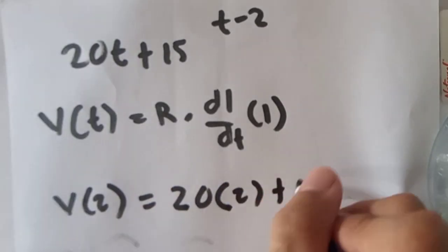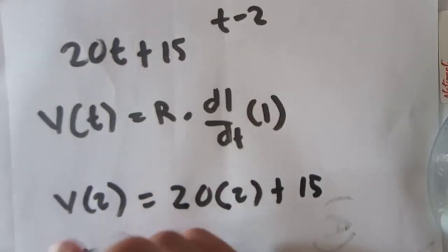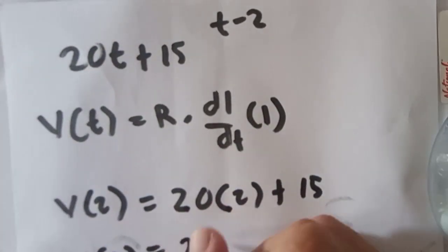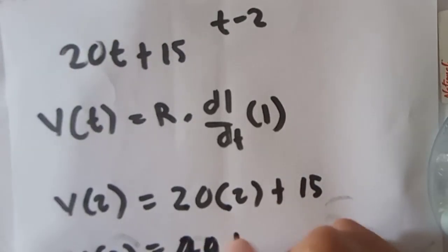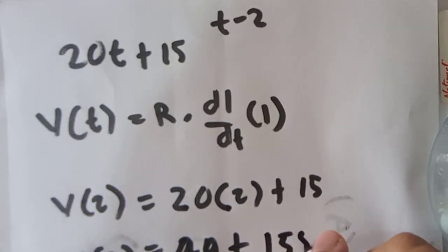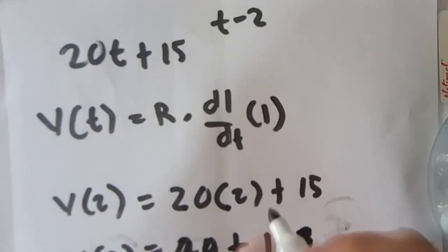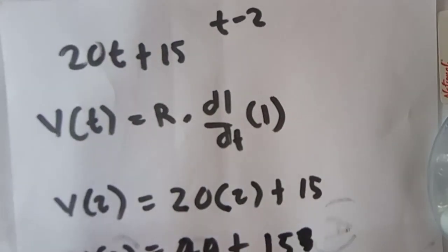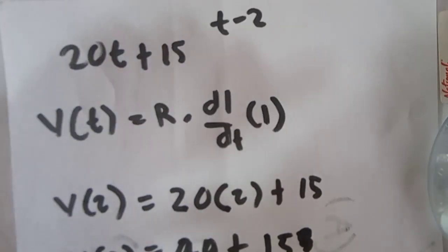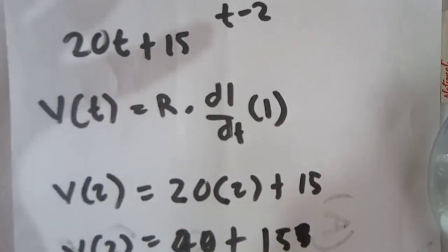So 20 times 2 equals 40 plus 15, we get 55 volts in total. In 2 seconds, the voltage across the circuit is 55 volts.